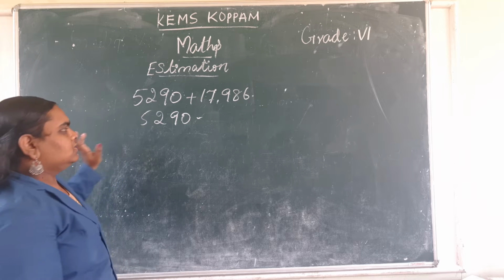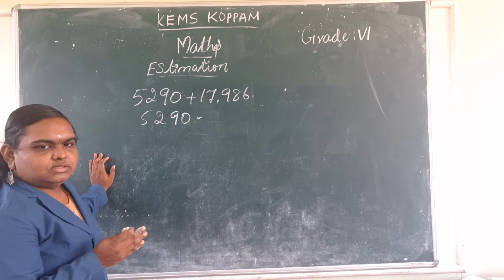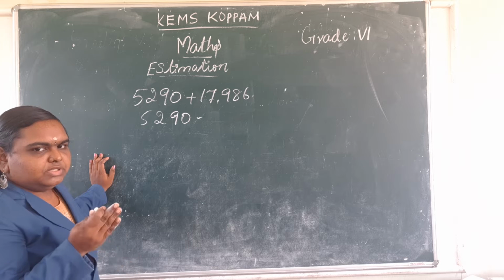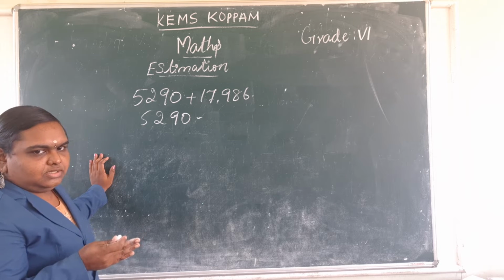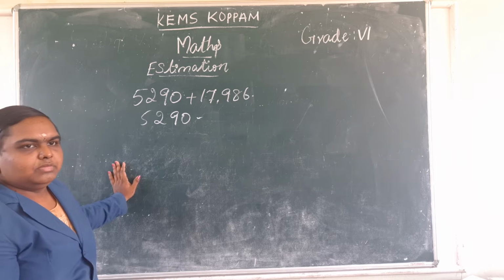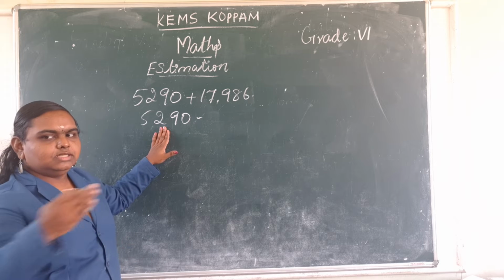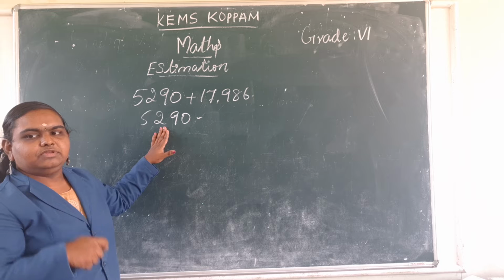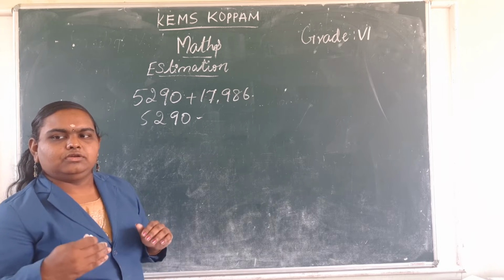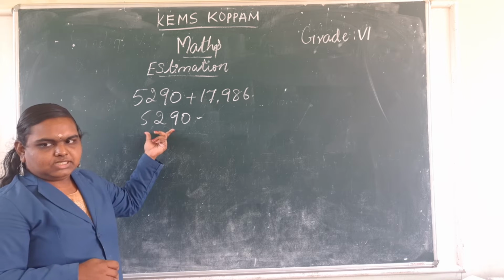Is it clear? If we take the middle number of 5,000 and 6,000, it is 5,500. Our number is 5,290, so it is below 5,500.